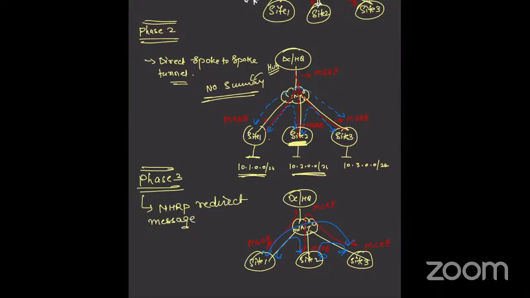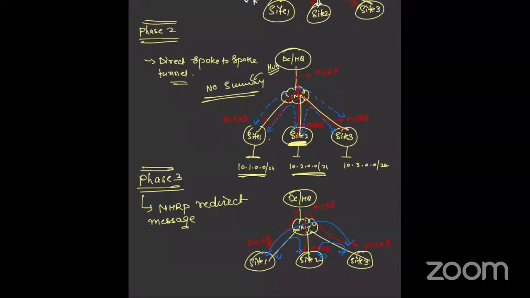So here the advantage of this is when any spoke wants to reach any other spoke. Okay, when your site 1 wants to reach site 2, first it's going to go to the data center or hub, like in the control plane.